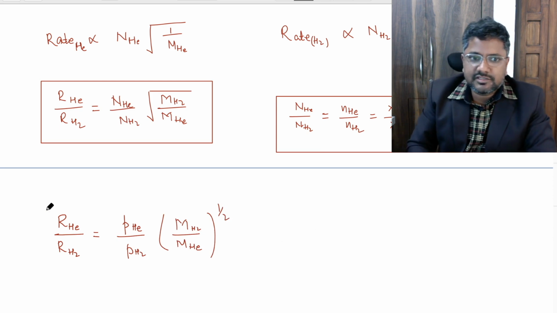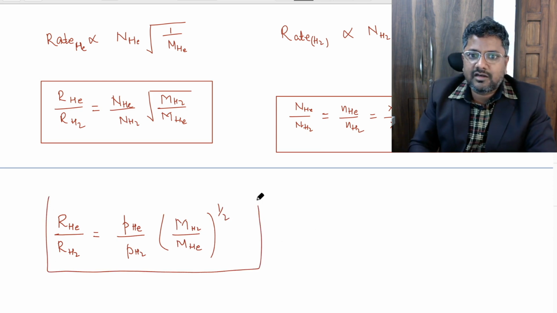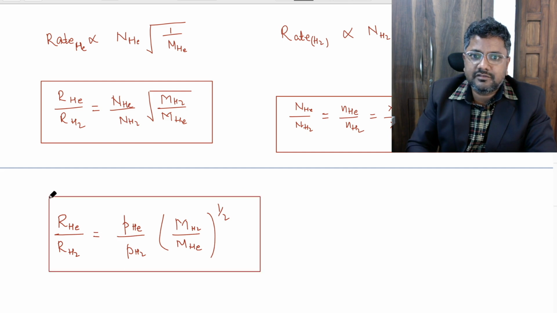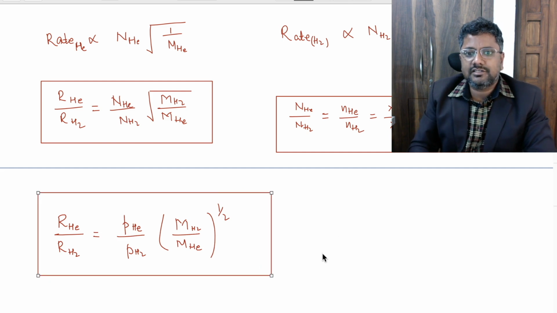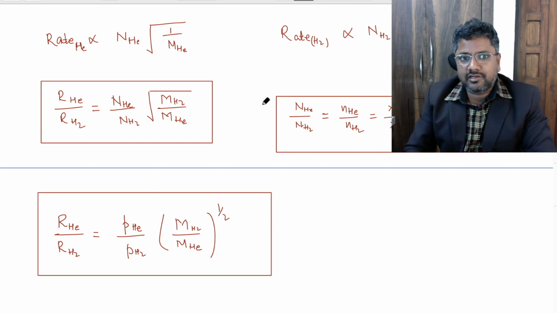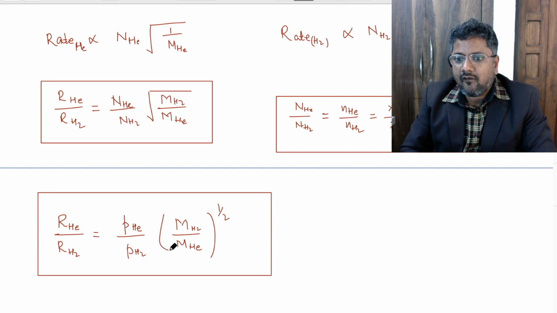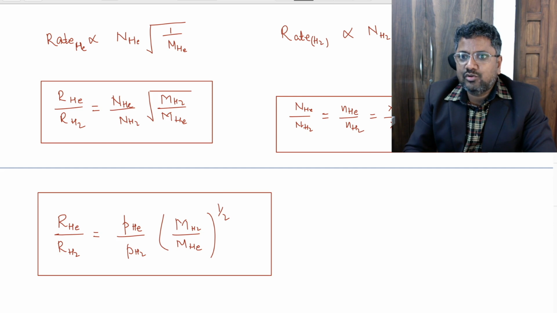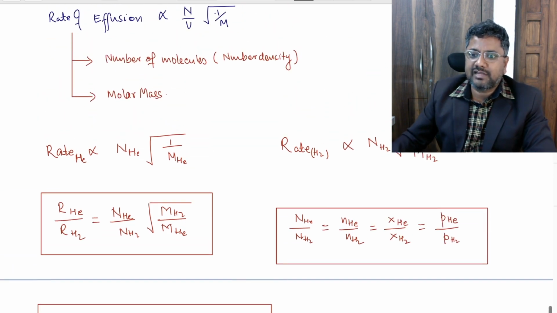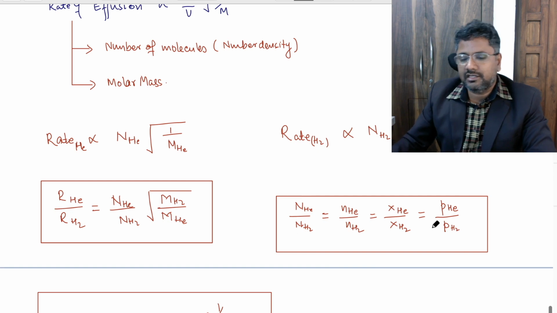So this is the formula for simultaneous effusion, and you can write it in any term: either in terms of molecules, moles, mole fraction, or partial pressure. All are equal.